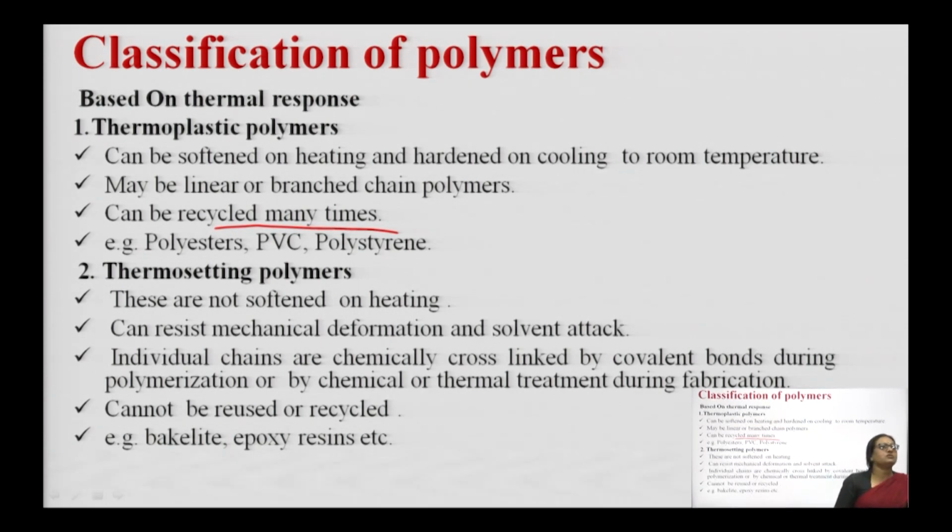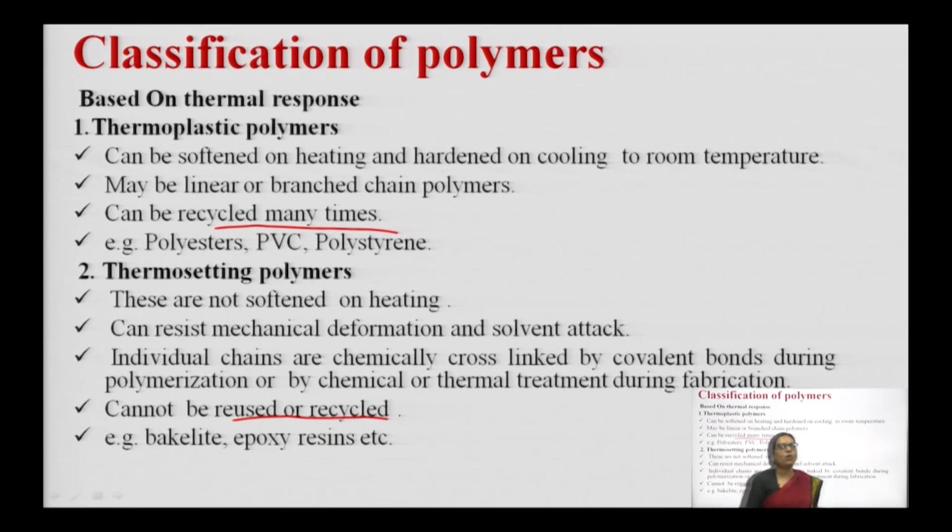Examples: polyesters, PVC, polystyrene. Whereas thermosetting polymers are those polymers which are not softened on heating. As a result, these polymers are not remoldable or reusable. They cannot be reused or recycled. Examples: bakelites, epoxy resins, etc.